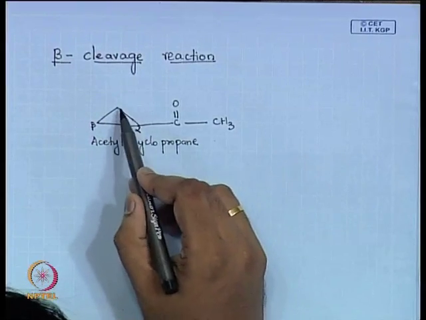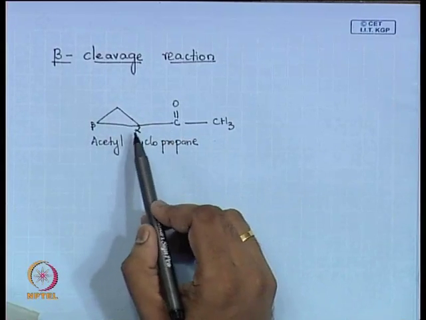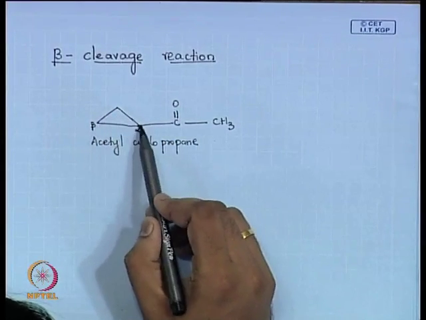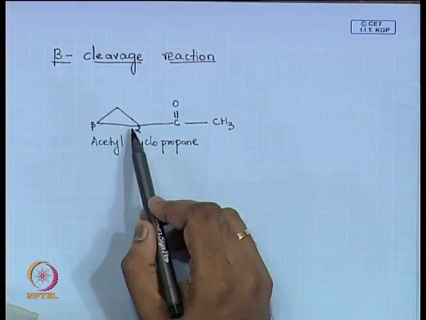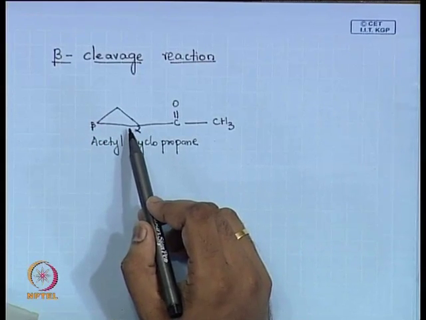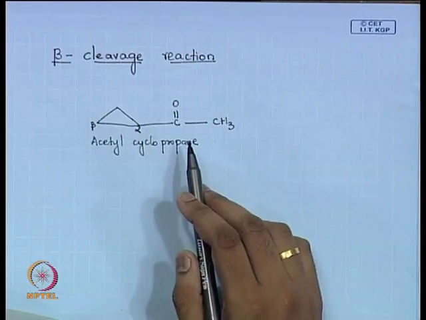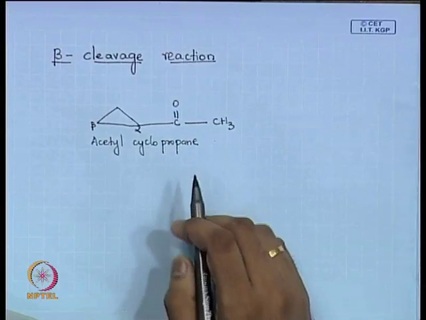Since the system is symmetrical, there is no need to worry about that part. And you know that because of your ring strain, this alpha beta bond is weak. So, if you have this type of system, then you can see beta cleavage reactions taking place.